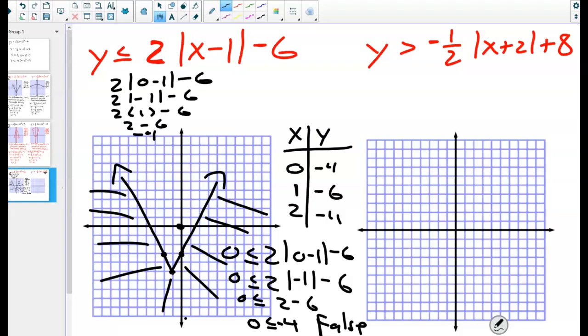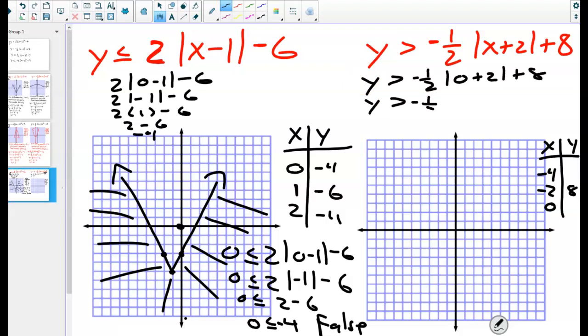Here, x, y, (-2, 8). I'm going to go with -4 and 0 because I want to count up and down by 2 here. I'll use 0 to put in. -1 half times the absolute value of 0 plus 2, plus 8.